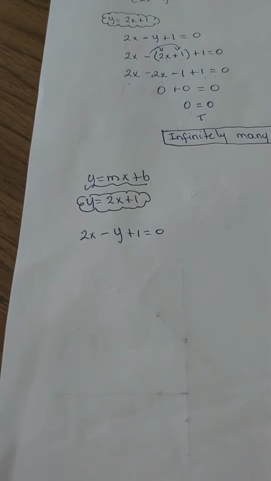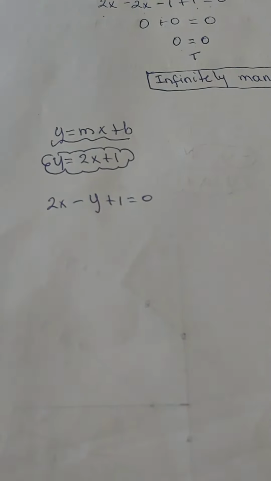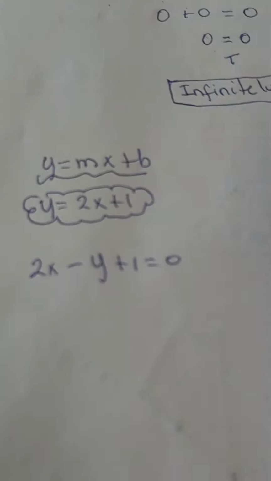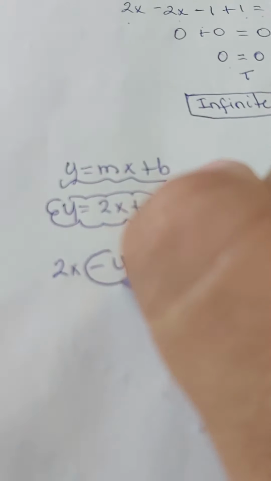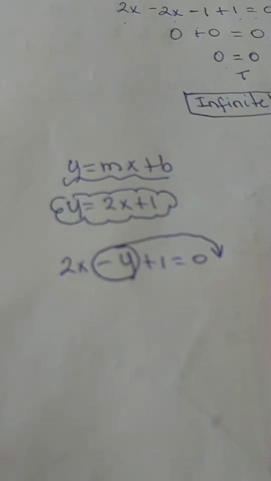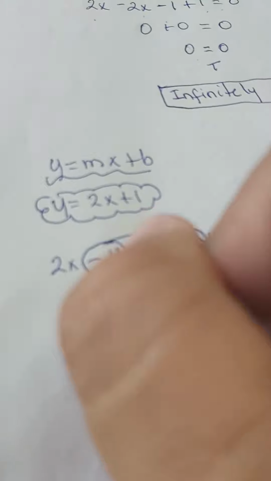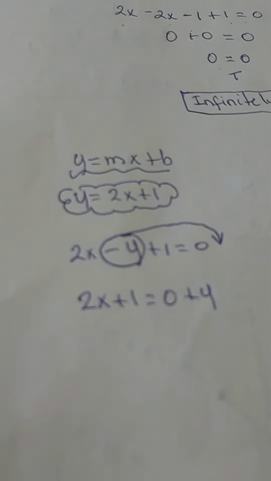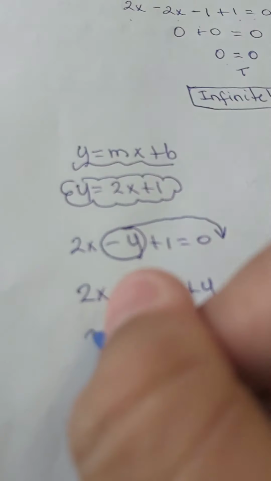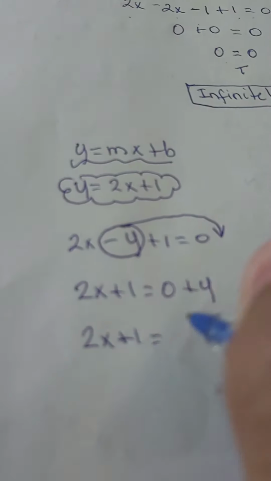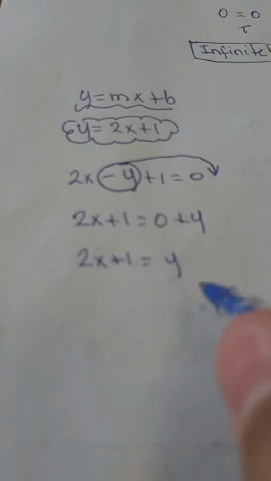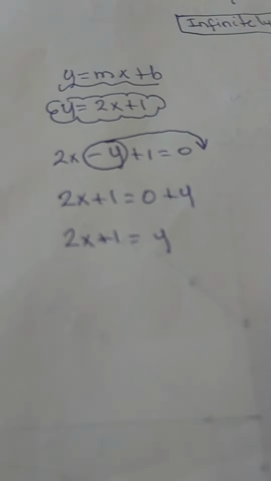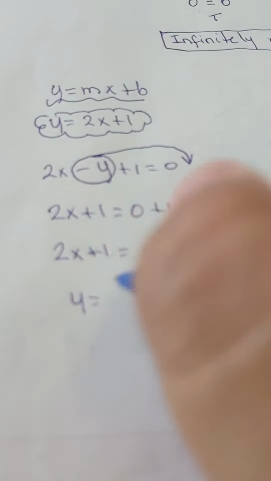If we want to write it in slope-intercept form, we have to leave y by itself. So the easiest is to pass negative y to the other side, and we get 2x plus 1 equals 0 plus y. 0 plus y is y, and we can apply the reflexive property, y equals 2x plus 1.